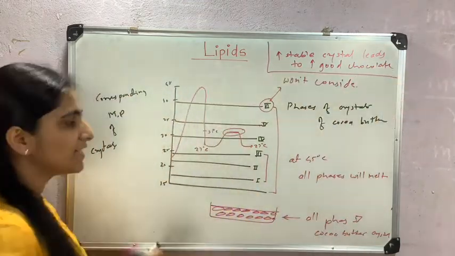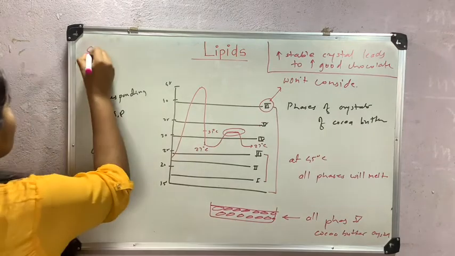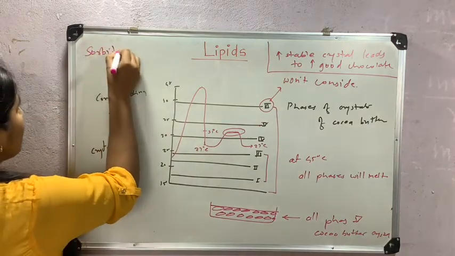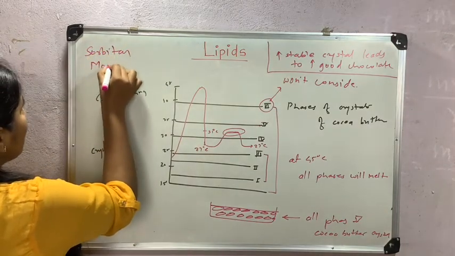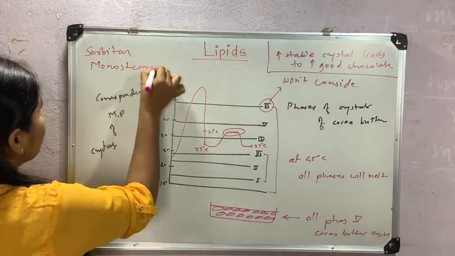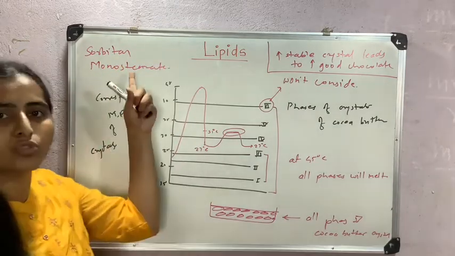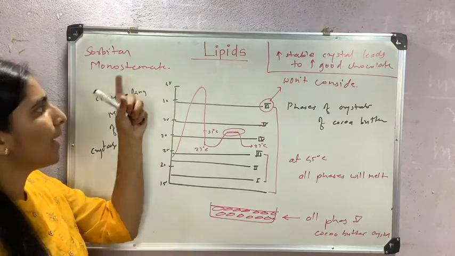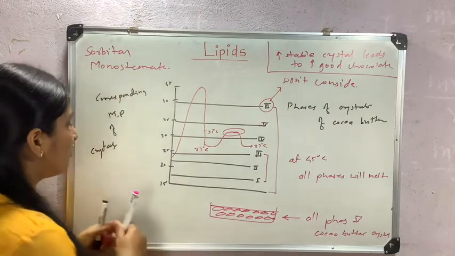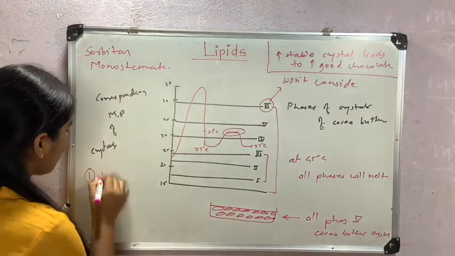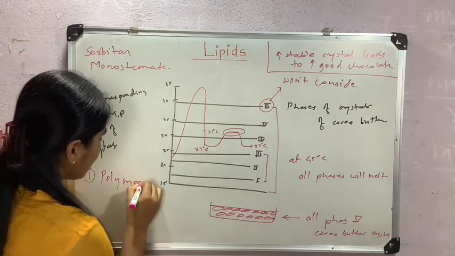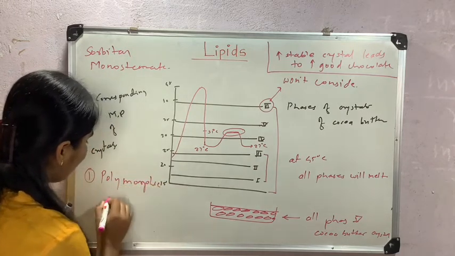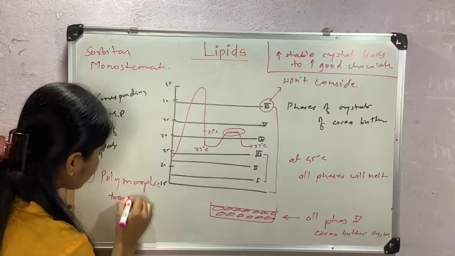There is one emulsifier used, which is sorbitan monostearate. This ester is used to avoid fat bloom. Fat bloom is caused by four main reasons. The first is polymorphic transition.